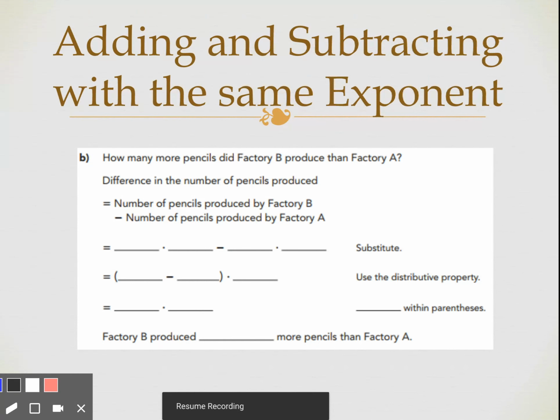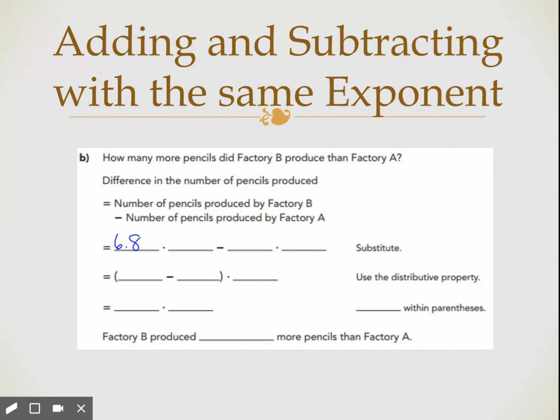Now in part B, they're asking what was the difference. So I'm going to go back and do Factory B, 6.8 times 10 to the 8th, minus 4.7 times 10 to the 8th.